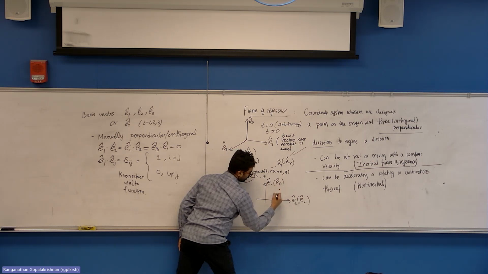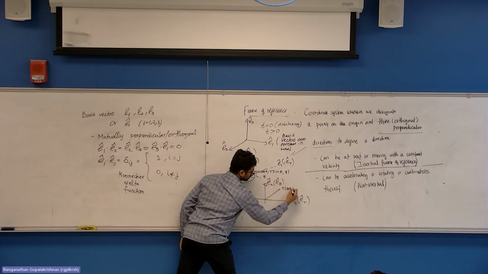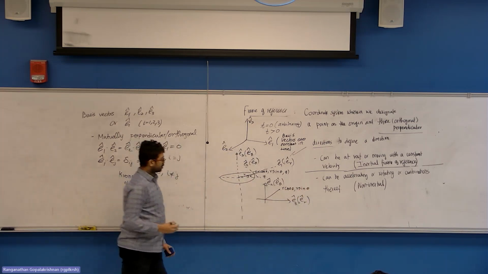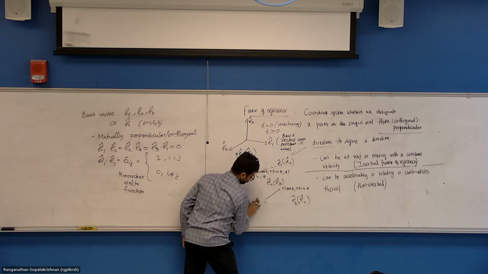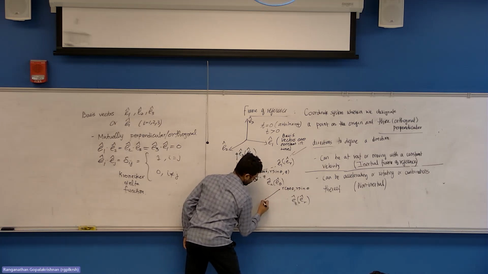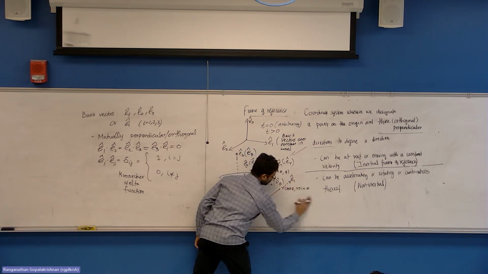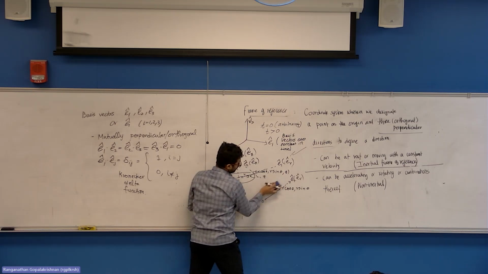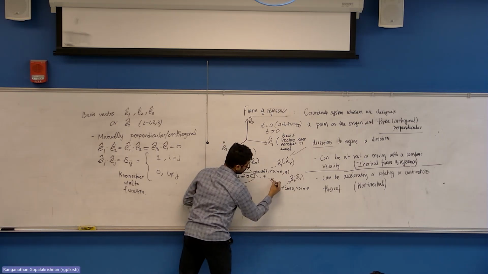If I take any particular point, this is R cos theta, R sin theta. So this is the origin, and the ER vector is here, E1, ER, and the direction perpendicular to that is E2, which is E theta.